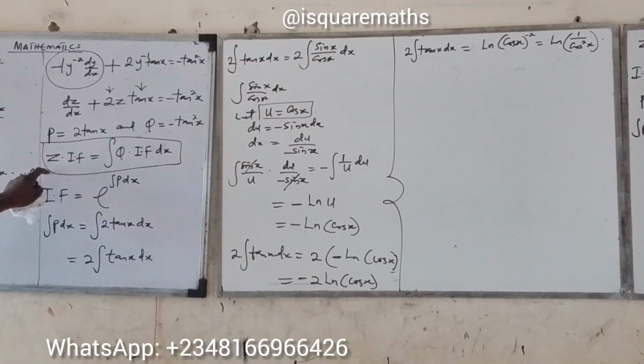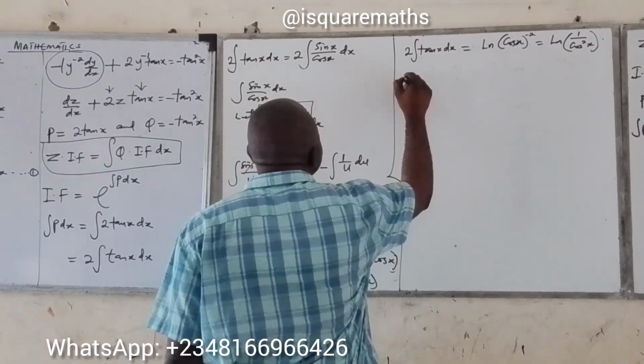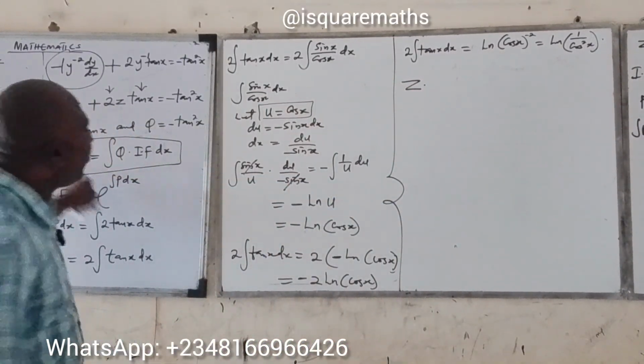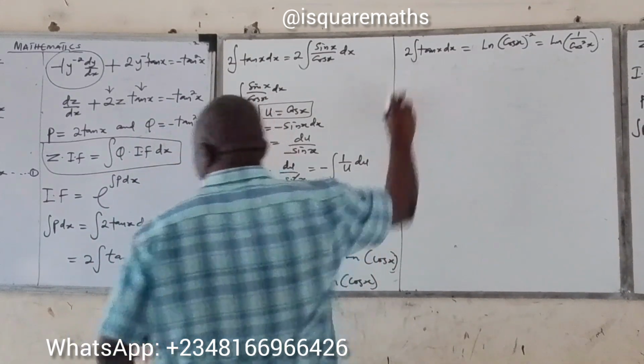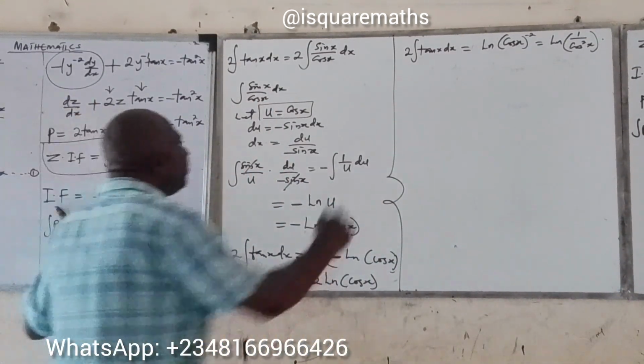So here it means the whole of this value now. Let's look at this: z times the integrating factor. We only got the value of integral p dx, so now let's see the integrating factor.